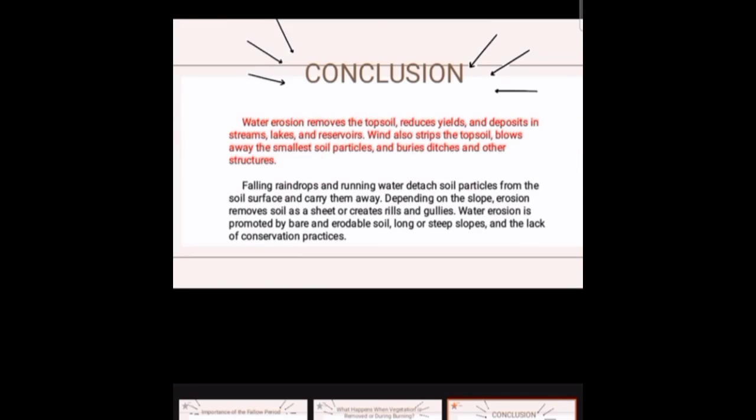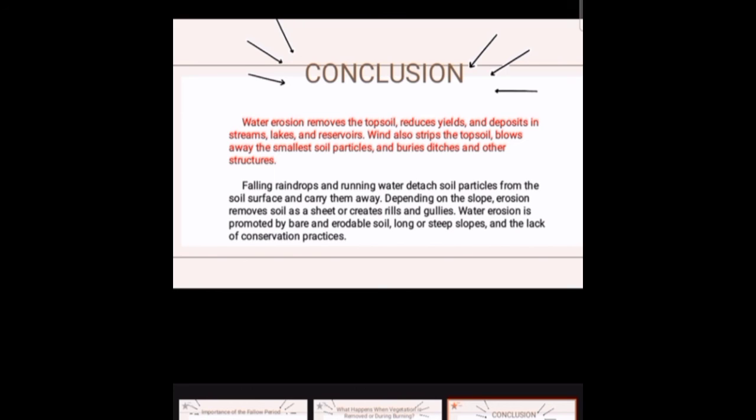Now for the conclusion, water erosion removes the topsoil, reduces yields, and deposits sediment in streams, lakes, and reservoirs. Wind also strips the topsoil, blows away the smallest soil particles, and buries ditches and other structures.